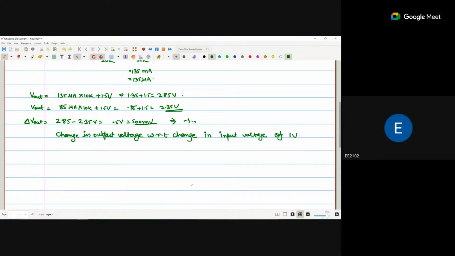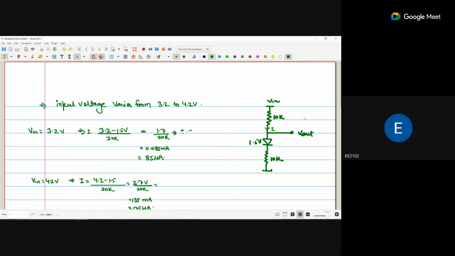Why are we adding 1.5 volt? Basically the output voltage is the voltage drop across these two. So what is the voltage drop across these two? This 1.5 volt plus the voltage drop across this resistor.